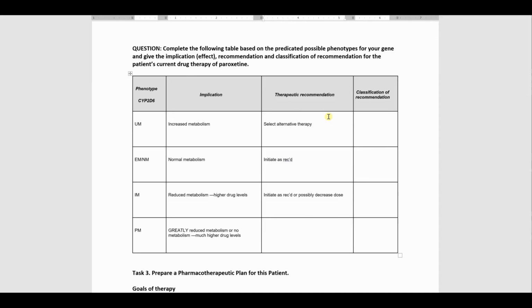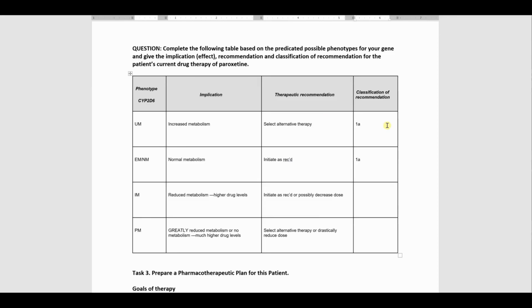Then what we would think for a poor metabolizer would probably be select alternative therapy or drastically reduce dose, right? And the classification of the recommendations, again, because we're working in a guideline, would all be 1A.